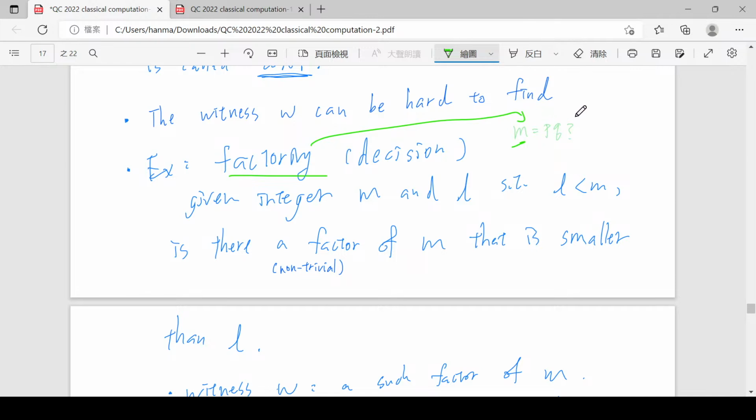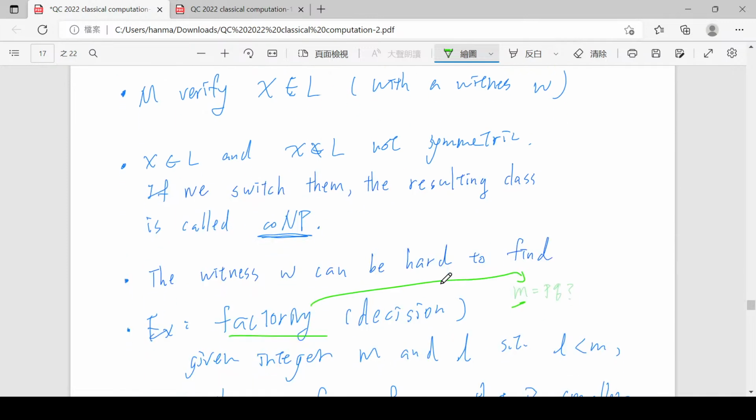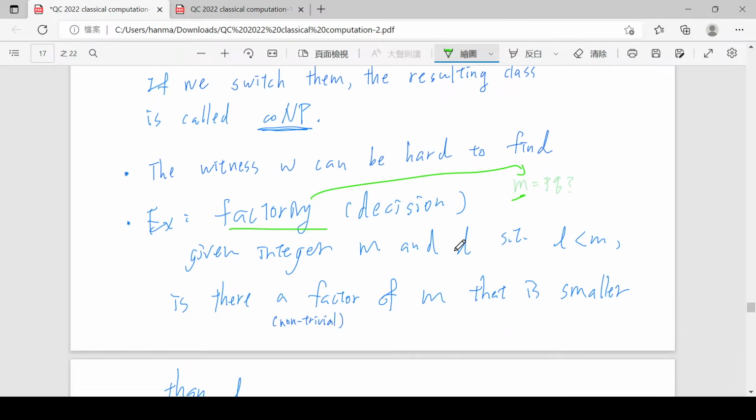But here the formulation is a bit trickier because we keep talking about decision problems, and factoring is not really a decision problem. You want to output a p or a q, and a decision problem only outputs 1 bit. So we use a trick to make it into a decision problem.